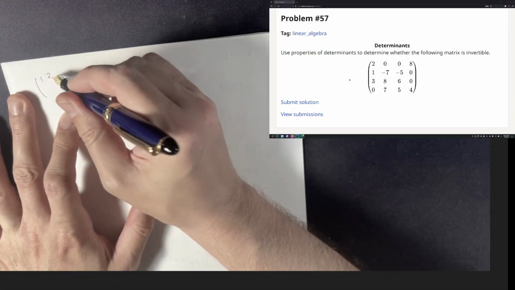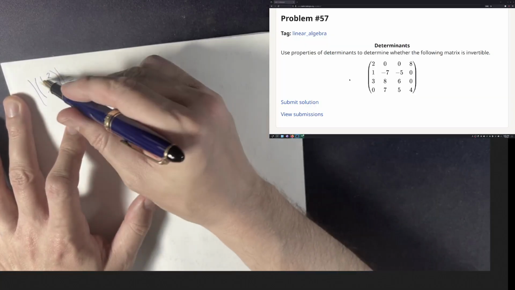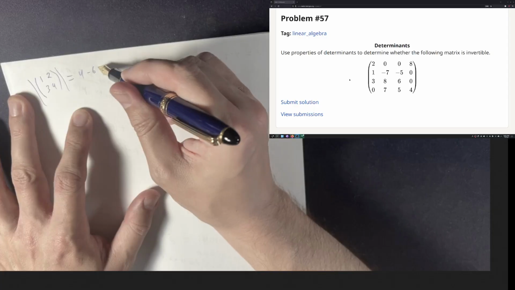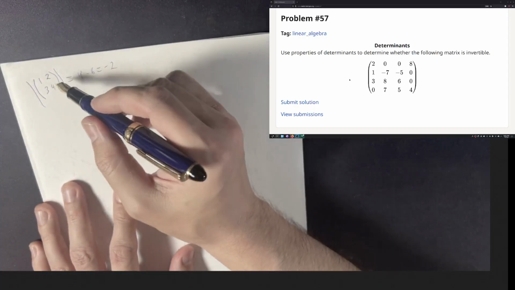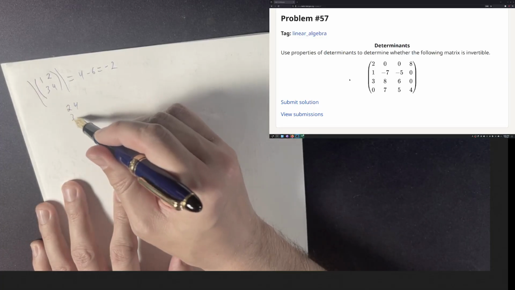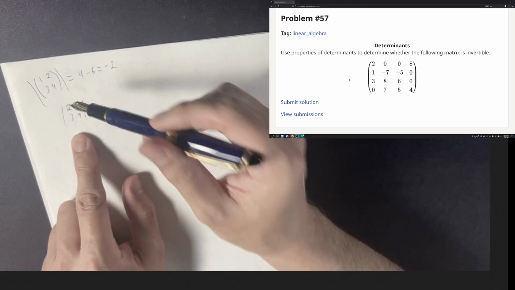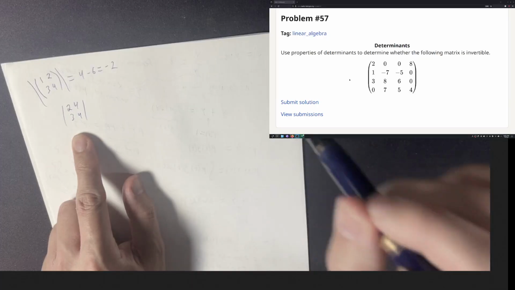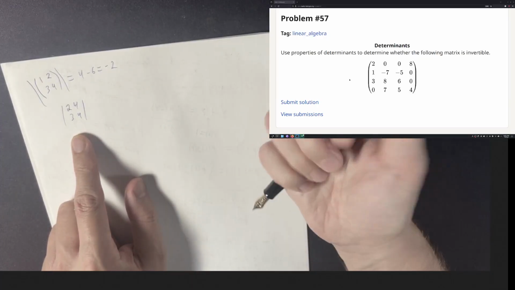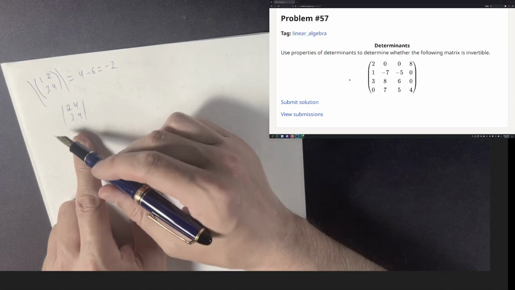If I had, let's do an easy one, 1, 2, 3, 4, I know the determinant of that is 1 times 4 minus 2 times 3, right? This is negative 2. If you scale a row, if I instead double the first row, well, it stands to reason that I'll have this extra factor of 2 in every single cell in the row. So doesn't this just double my determinant?